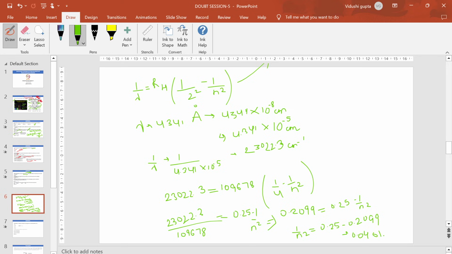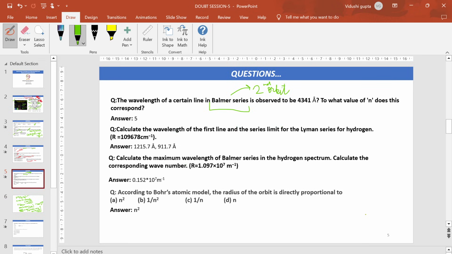So this is the value for 1 by n square. Therefore, n square will be 1 upon 0.0401. So this value is nearly 25, that is, it is 24.94. So n will be under root of this, so it will be 5. So the correct answer will be 5.